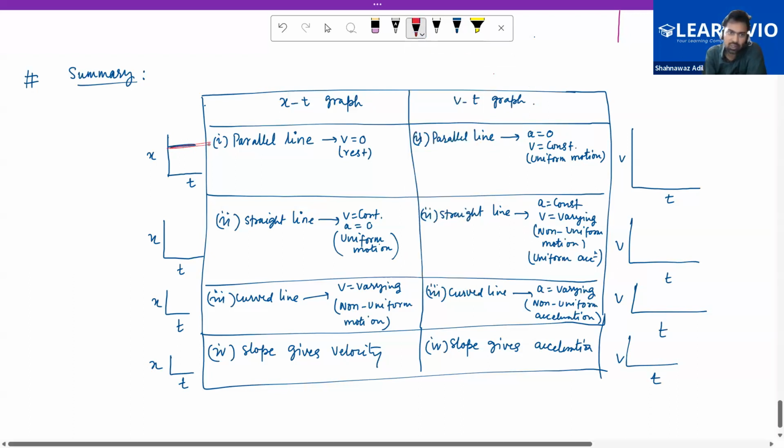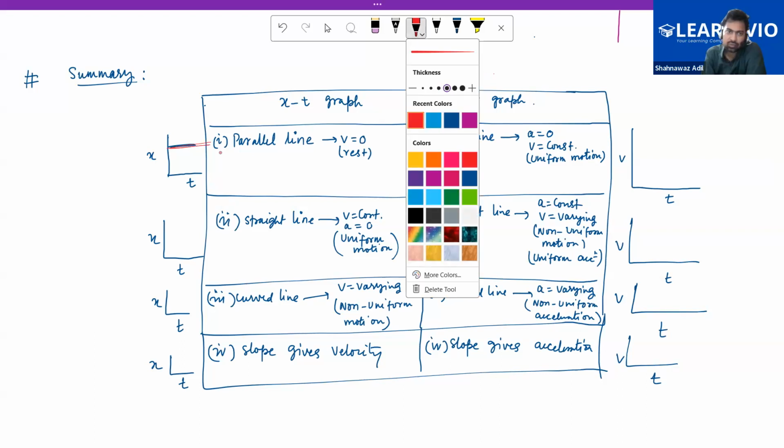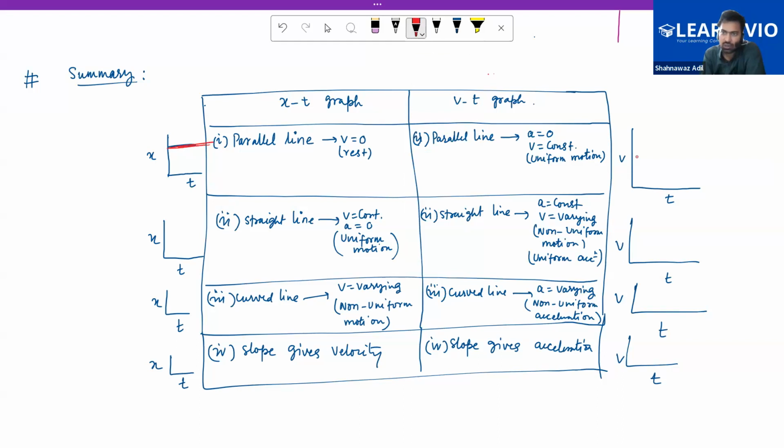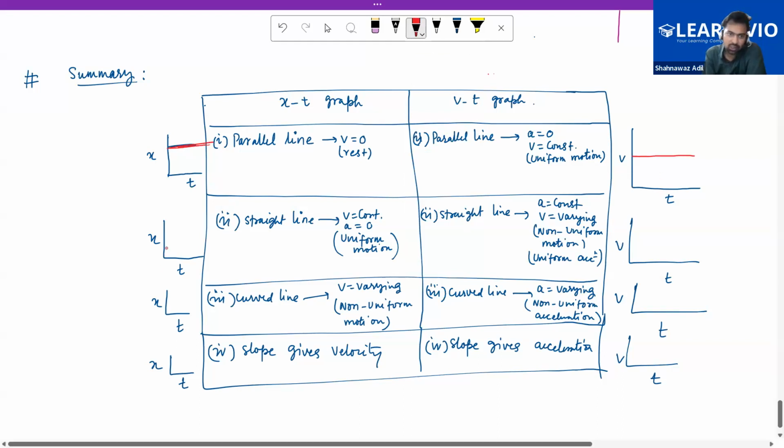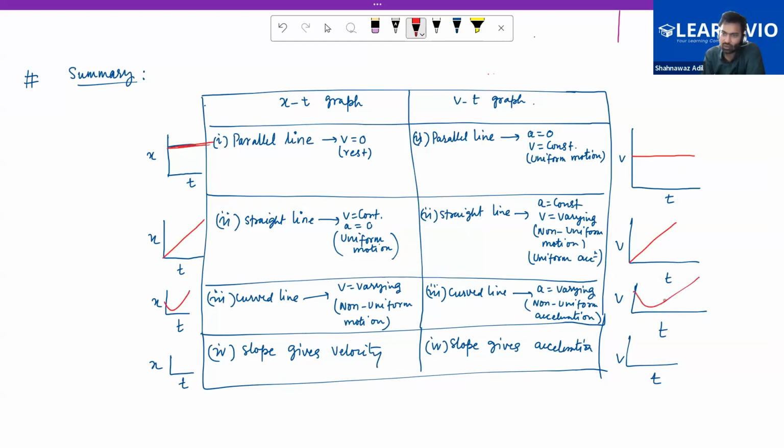So let's say this is the graph. We are talking about delta y over delta x.